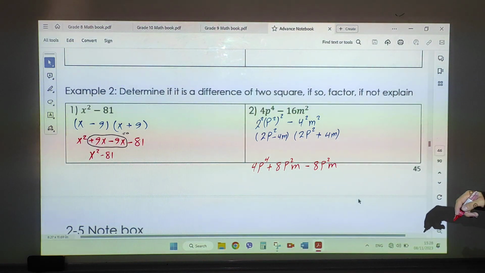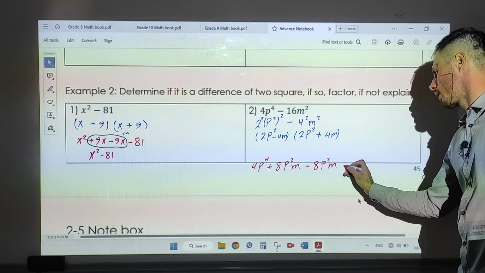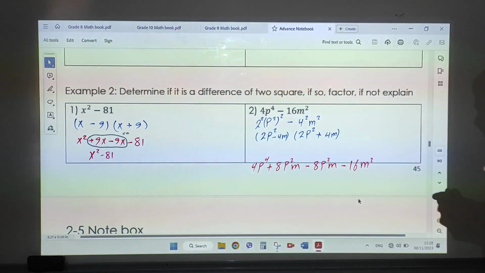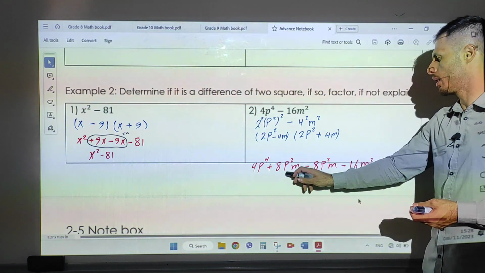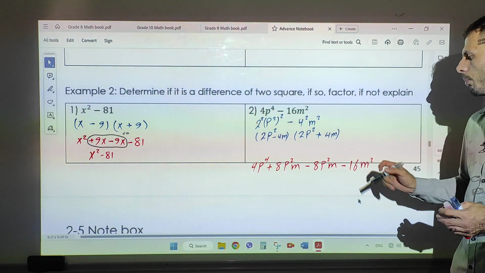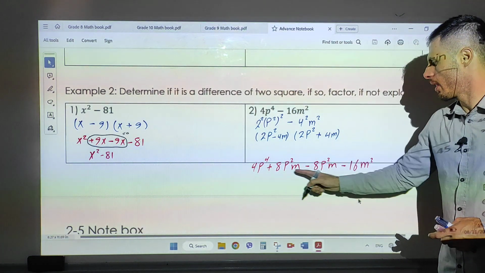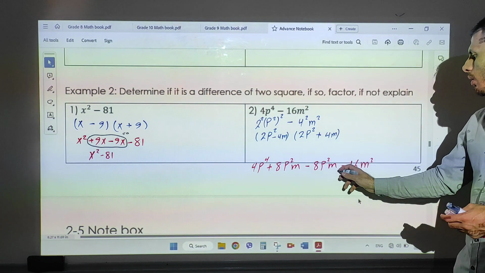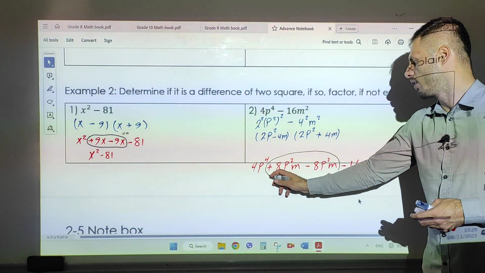Then negative 4m multiplied by negative 4m would be negative 16m power 2. Again, this time we have like terms. This is plus 8p power 2m, this is minus 8. Plus and minus for the same number will be 0.